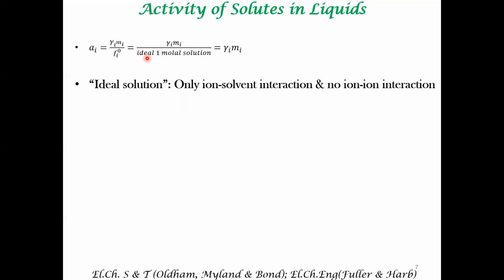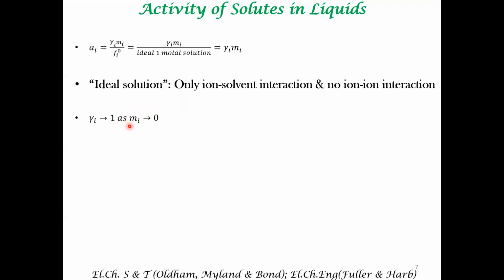What we mean by an ideal solution is that we have only ion-solvent interaction, and there's no ion-ion interaction. There's no solute-solute interaction because we are talking about ionic solute. When is there no ion-ion interaction? Only where the molality, Mi here is the molality. I suppose you know from your high school why you use molality. What is the advantage of utilizing molality compared to molarity and other units for measuring concentration?